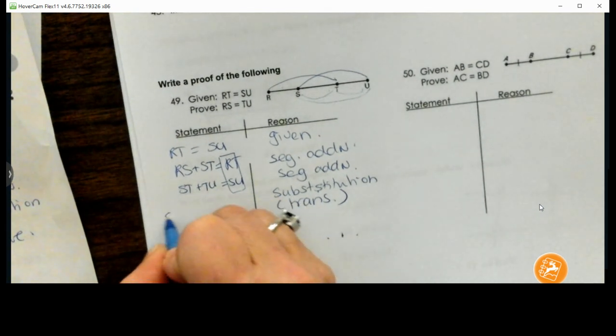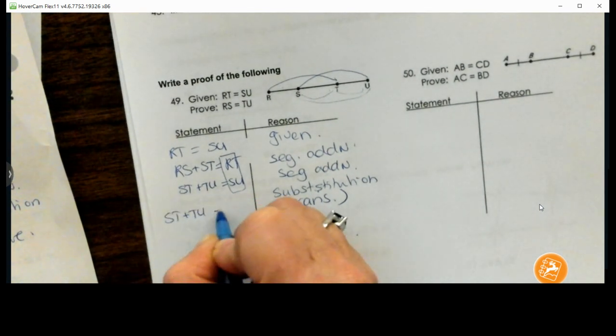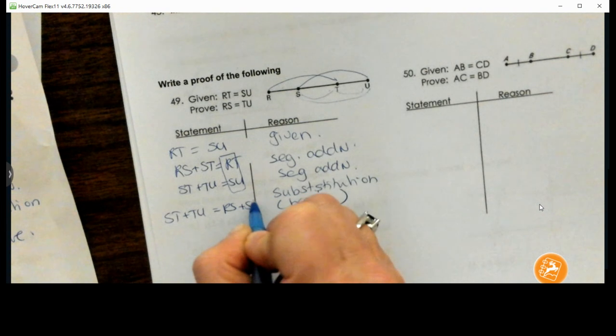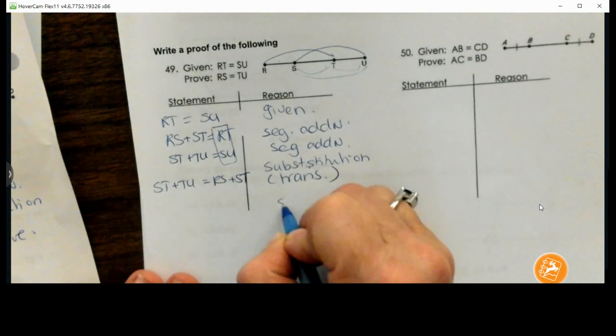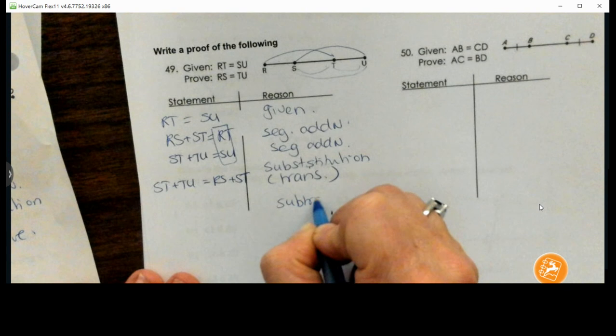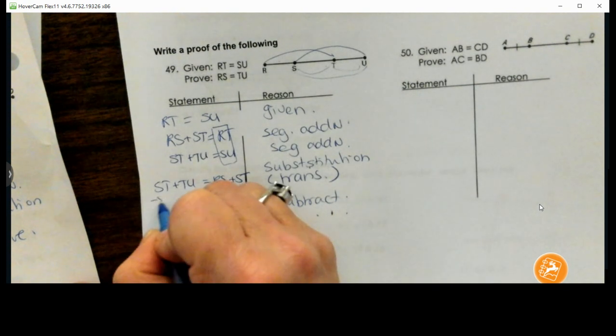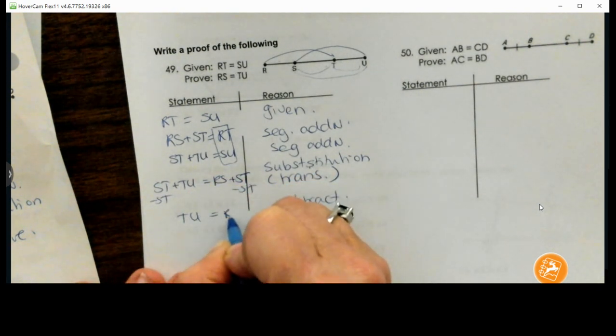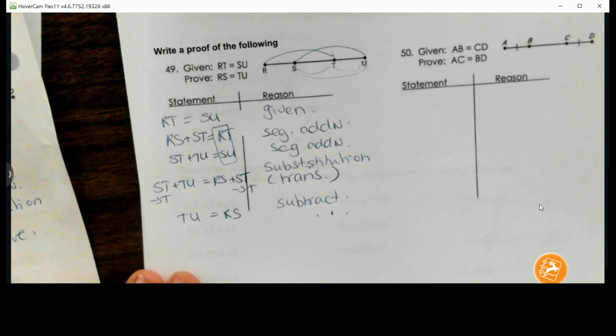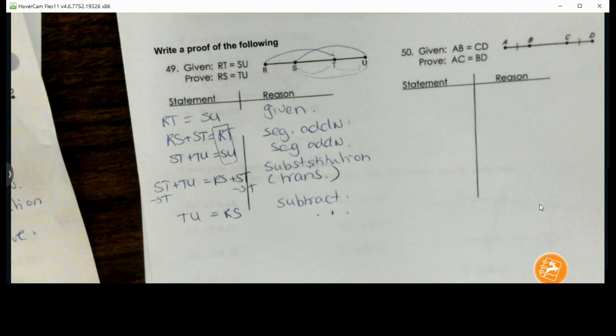So I'm going to go ST plus TU is equal to RS plus ST. And now I could do subtraction. I'm going to subtract ST, and I'm going to get TU is equal to RS. And that is what we wanted to prove.